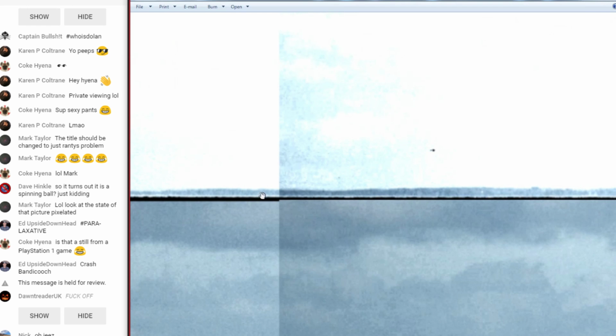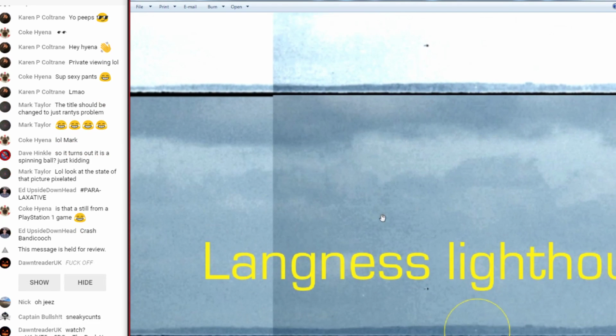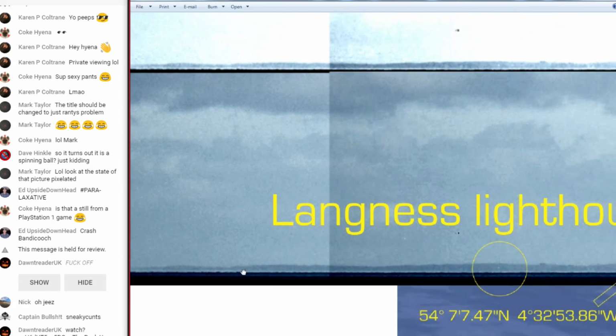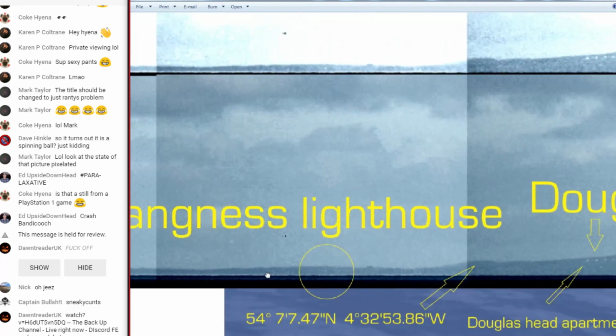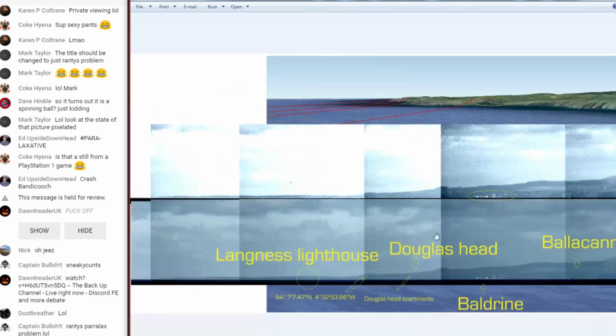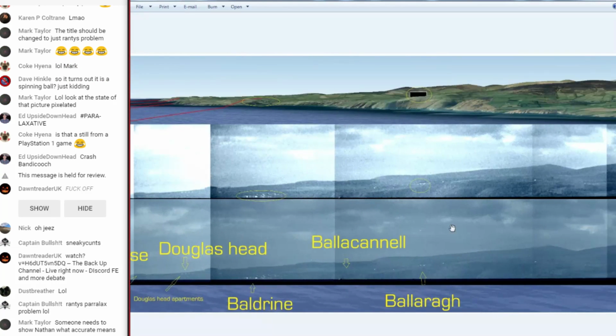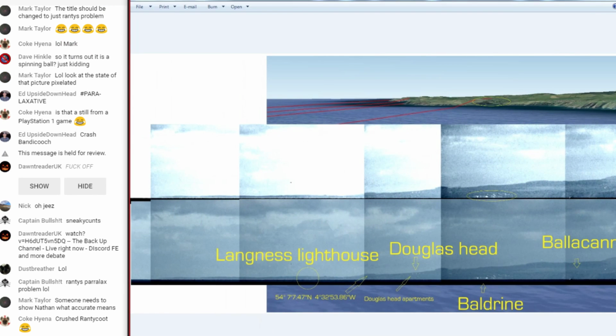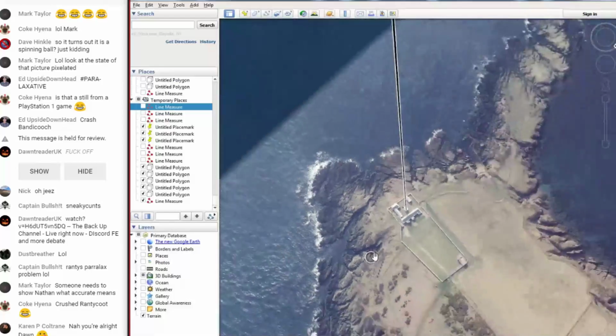Now, at a later date, I'm hoping that with Chris, we can do a demonstration that shows a flat map overlaid with Google, so you can see how much this problem grows when you go to distance. And what it has done in this instance is force a mountain range 3 miles out of position. That's why we can see it behind the lighthouse.